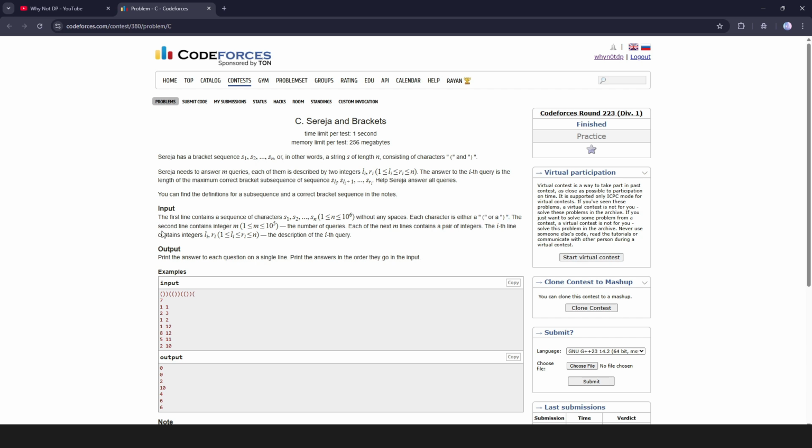The second line contains an integer m, the number of queries, which can go up to 1e5, and each of the next m lines contains a pair of integers, which are our Li and Ri for each query. We have to answer the requirement in this range, which is the description of the ith query. In the output we have to print the answer to each query on a new line, in the order they are given.